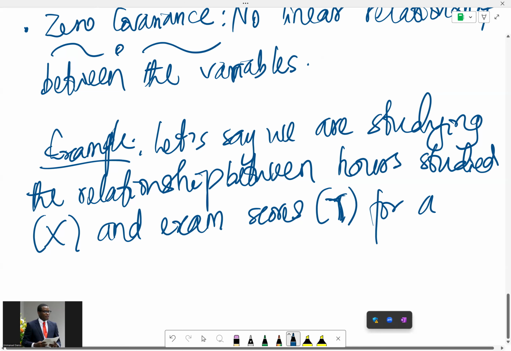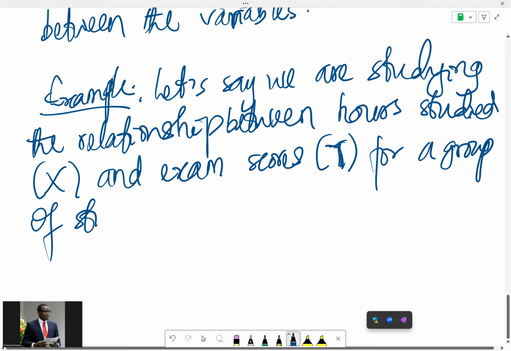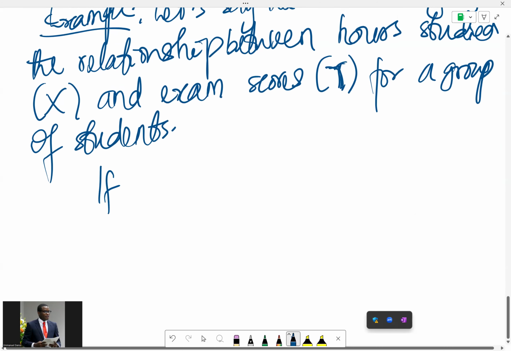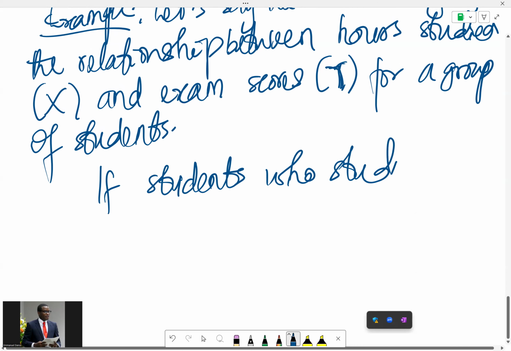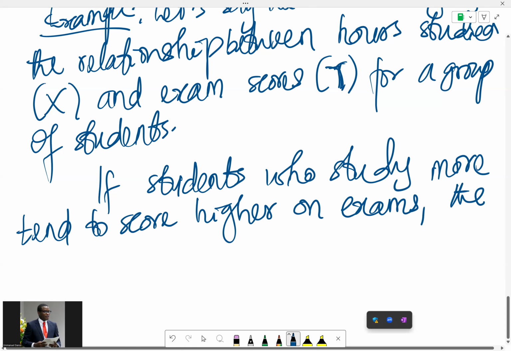For a group of students, if students who study more tend to score higher on exams, the covariance will be positive.